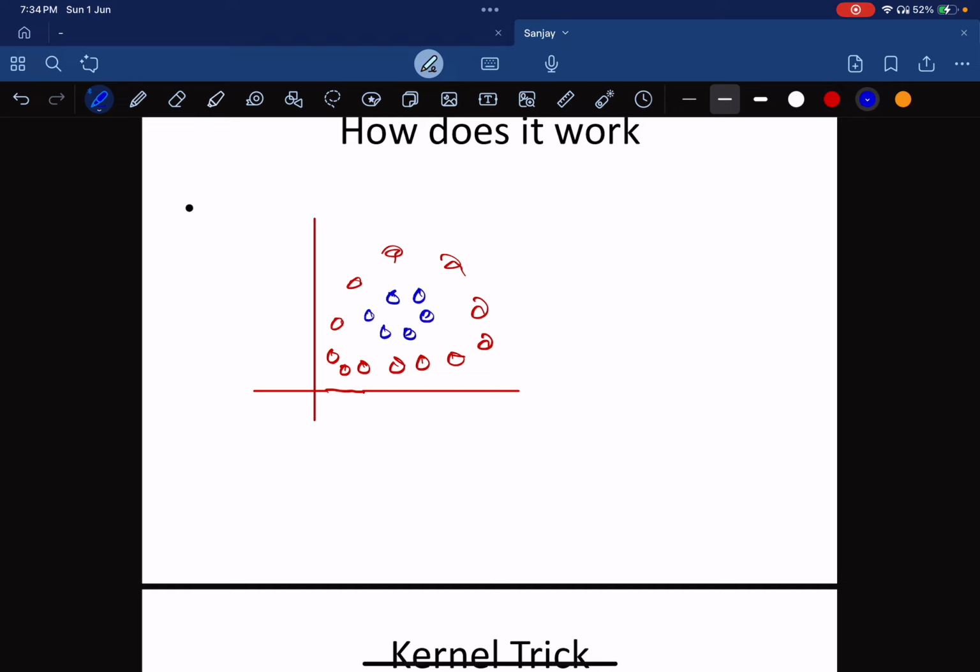Here we can see that there is no linear relationship between the red and blue. So we cannot draw a straight line like this, because we cannot classify these things into this class.